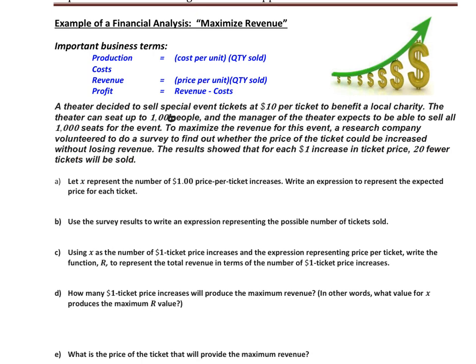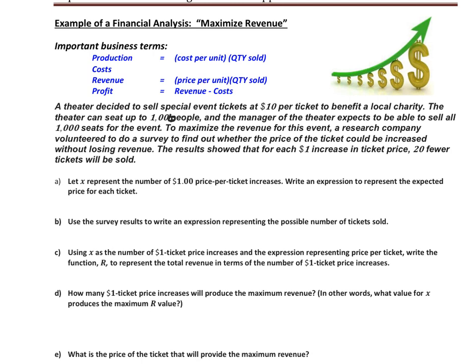So you're not filling the theater anymore with all 1,000 seats. For example, if you increased $1, in other words, sold each ticket for $11, they believe that they're going to sell 20 fewer seats out of the 1,000. If they increase the price $2 up to $12 per ticket, then they're going to shorten that 1,000 seats by 40, etc. So this is the scenario we're trying to model.